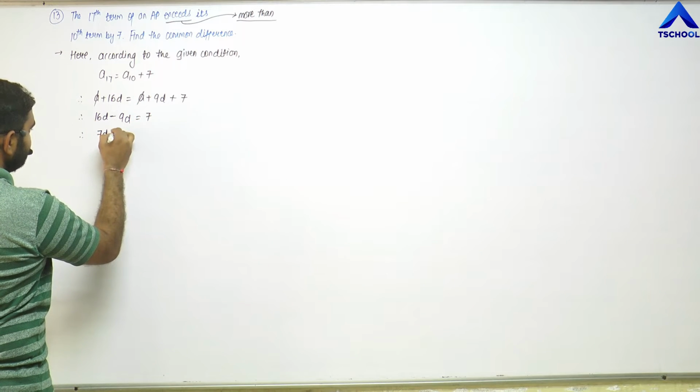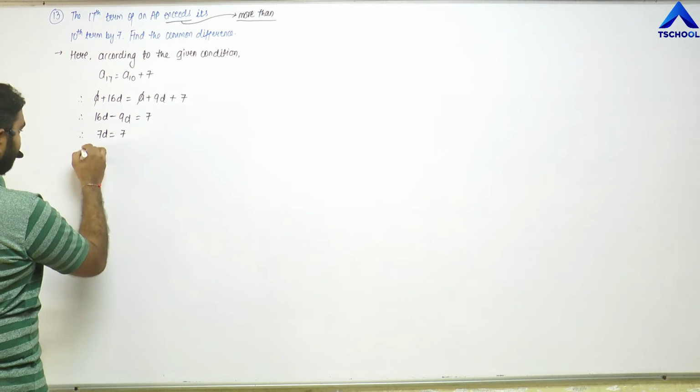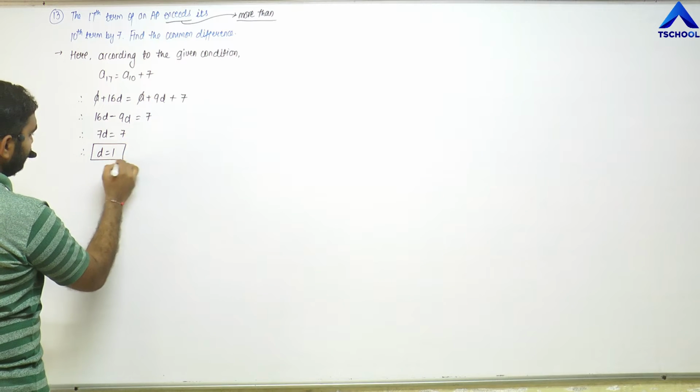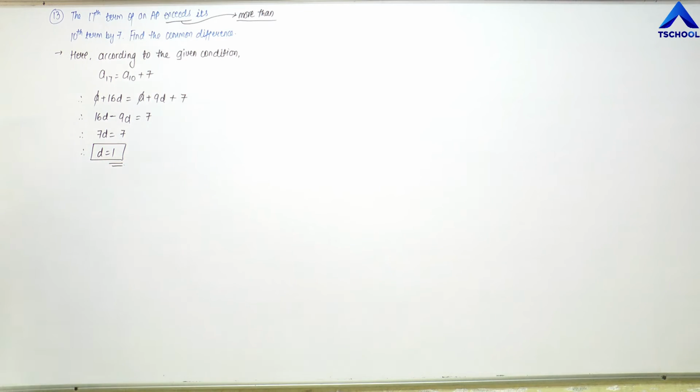Therefore 7D is equal to 7, and hence D is equal to 1. So there is no need to do anything else here. We can directly get the common difference when this kind of question is asked. Is it clear? So the common difference for the given arithmetic progression is 1.